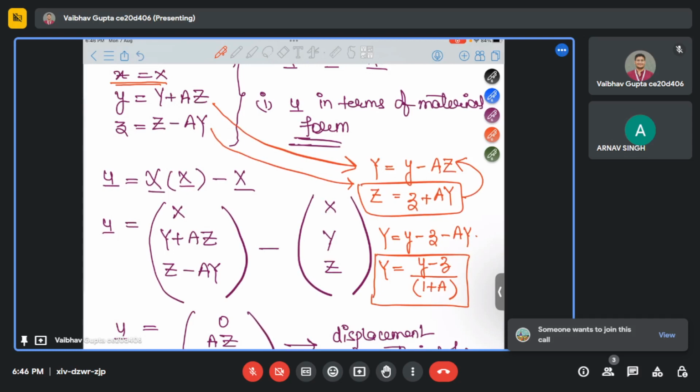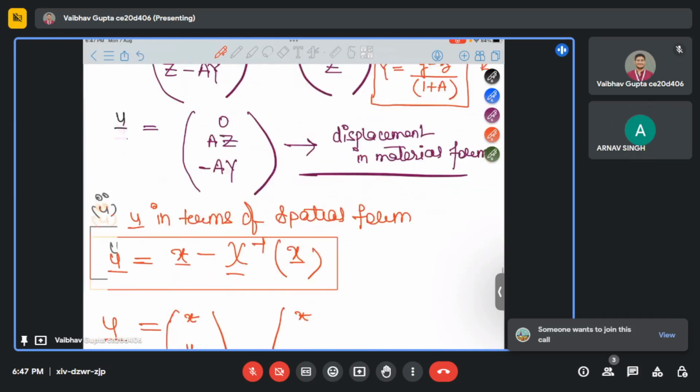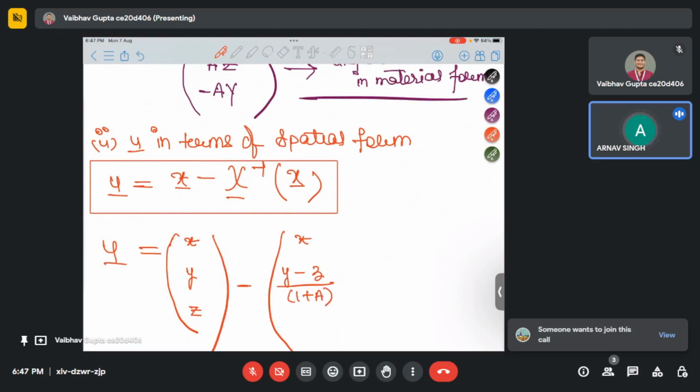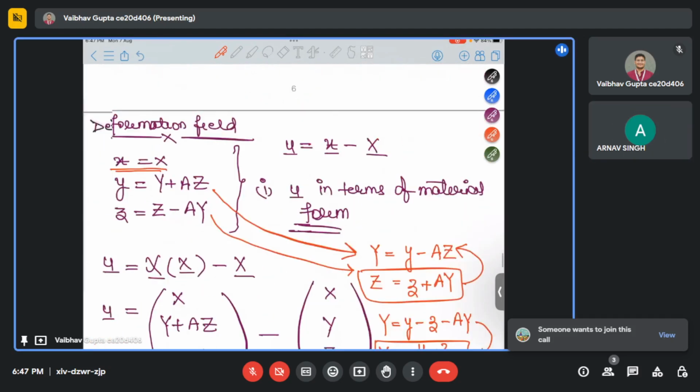You got this thing? Now this capital Y is related to all the small terms. So now we can write in the matrix this vector as small y minus a small z upon 1 plus a squared. Now we have to write capital Z in terms of small z.